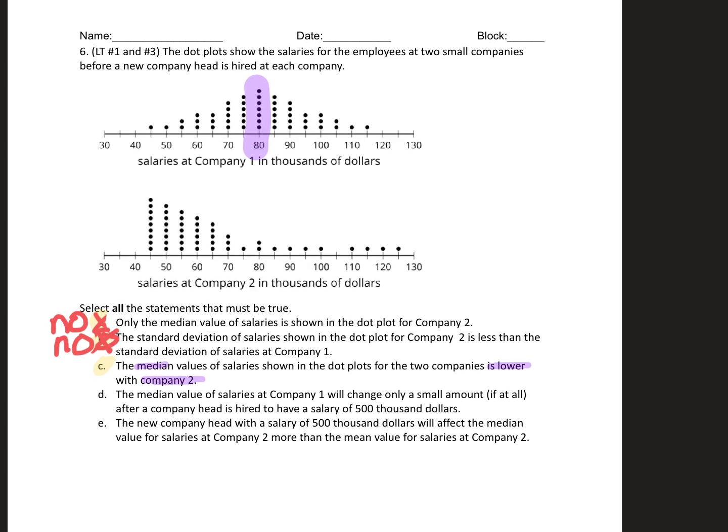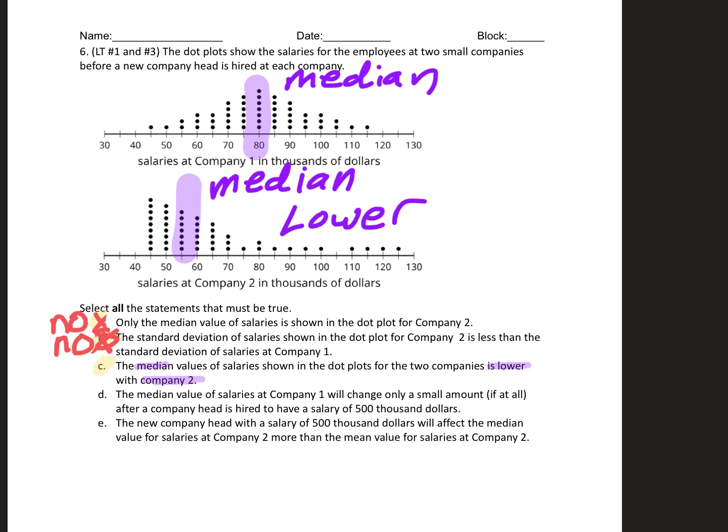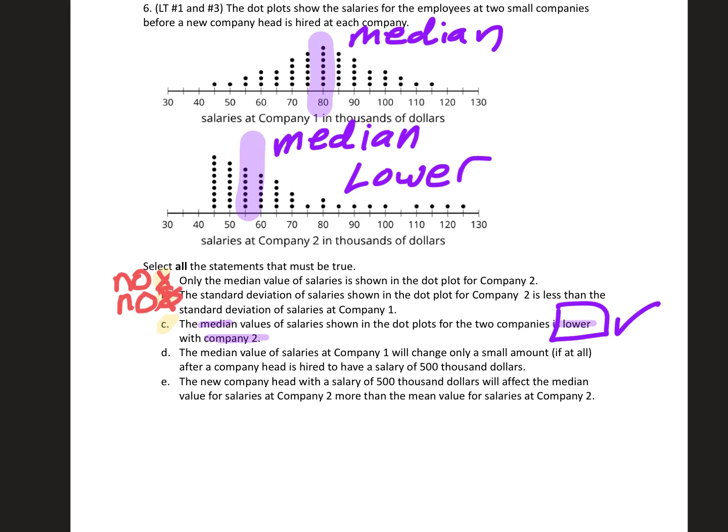So in company 1, here is the median, about here. For company 2, the median is going to be about here. So this one is lower. So option C is correct.